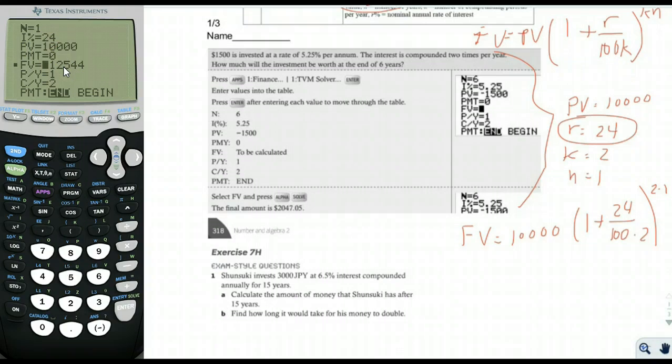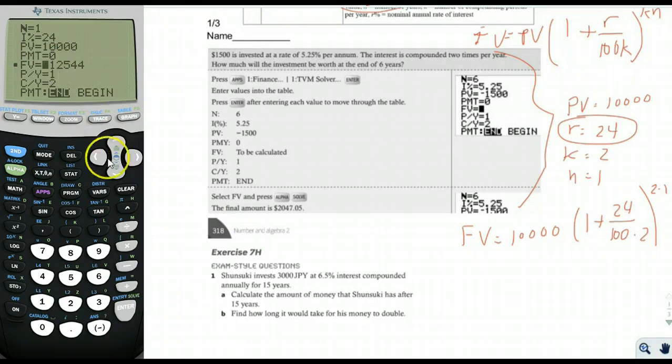Future value, how much are you going to have to pay the bank back for your loan? You're going to have to pay them a little bit more than the 10,000 you got, and we'll consider it a negative number because it's leaving your wallet. Okay, so 12,544 is a negative because that's what you're going to pay back to the bank. So that's why the amount for the present value is always going to be the opposite sign from the future value.